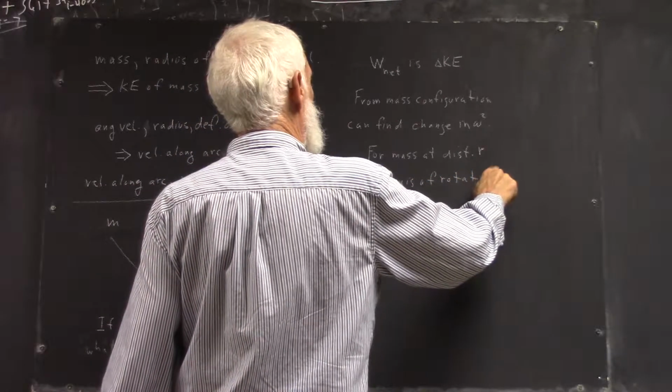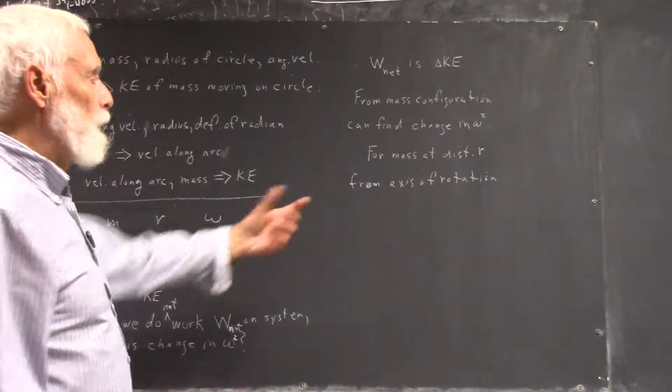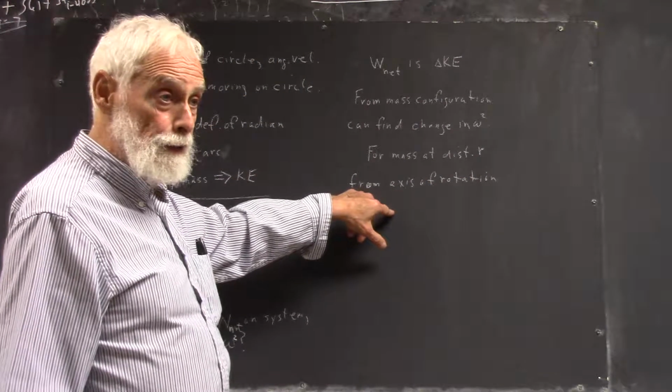Implicitly, when we're talking about a mass, a point-like mass at a distance r from the axis of rotation.